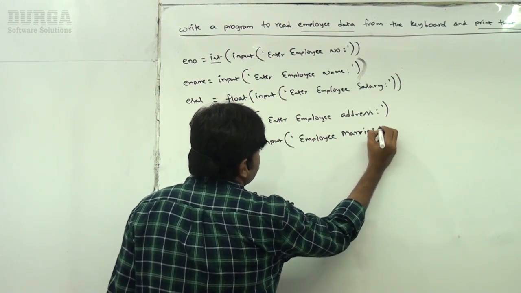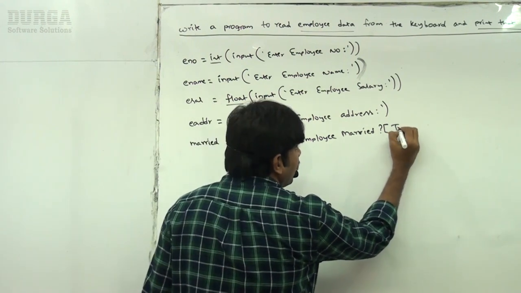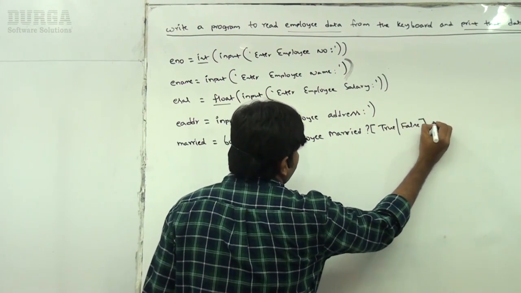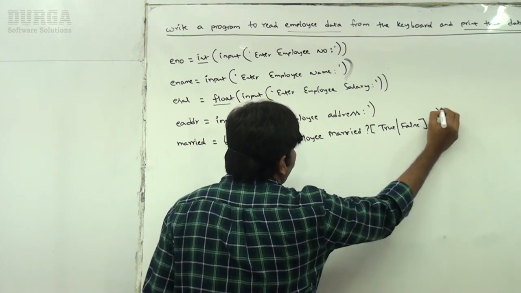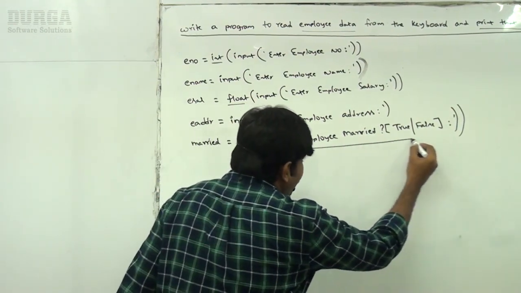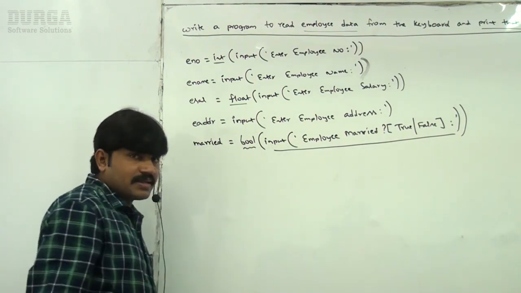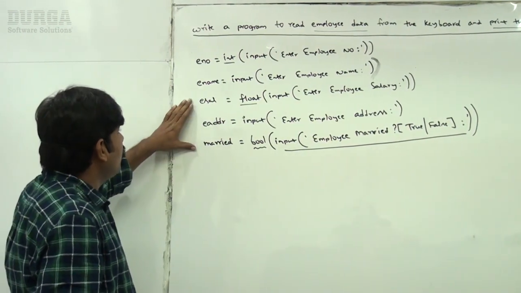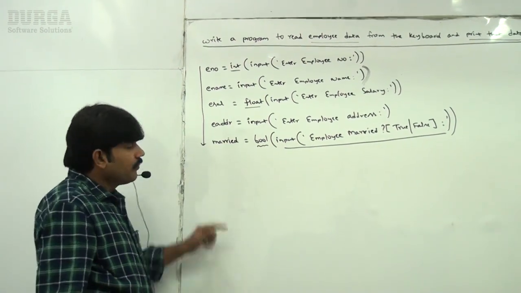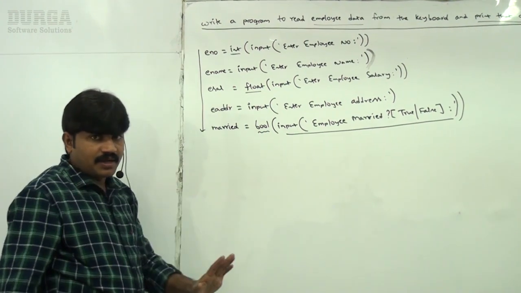Sir, just I'm asking, can you please enter either true or false? Whatever the end user provided data will be typecasted to Boolean type. Don't worry, sir. Now 5 parameters we are reading from the end user: whether married or not, address, salary, ename, and then number, right?